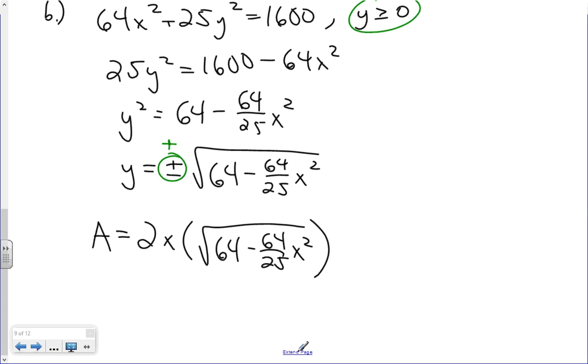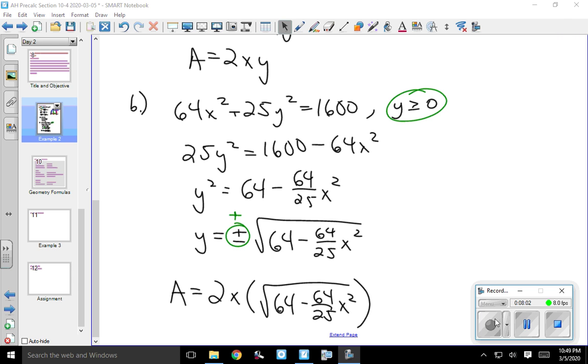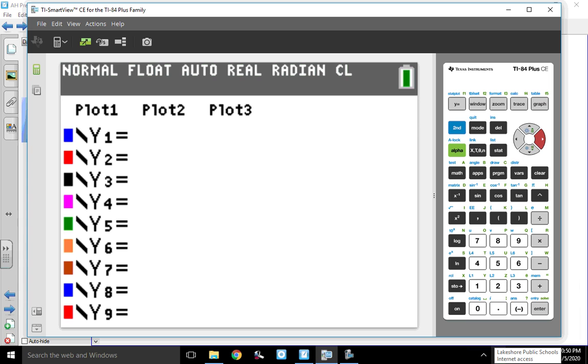All right, for part C, it says make a table of values of area as a function of x for each 1 unit from x equals 0 to x equals 5, and based on your table, approximately what value of x in this interval seems to give the maximum area. Okay, so go ahead and grab your calculator here and let's try this out. Okay, so in y1 we're going to put our equation.